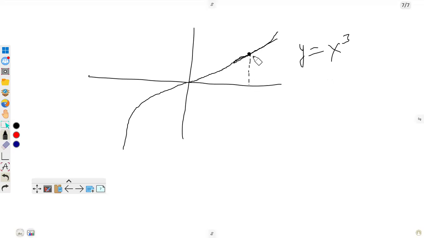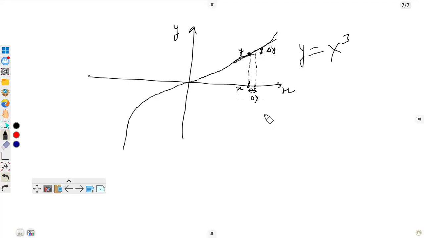And our limiting process was we take a point, this is x and this is y. We take another point so that it's delta x away from here, and the change in the value of y is delta y.